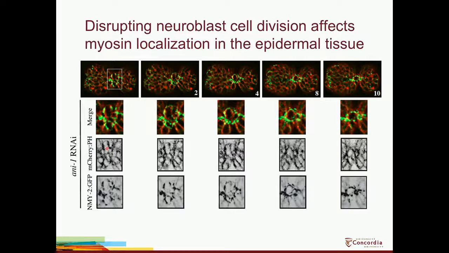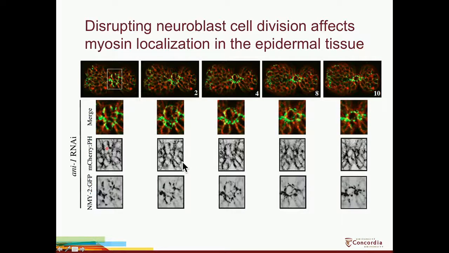Something else that was really interesting for us, and this is a bit of a side segue, is that we also wanted to know how perturbing the neuroblast could affect the overlying epidermal cells. Initially, we were just interested in the impact on myosin. So if you perturb neuroblast cell division using RNAi to NE1, we see that obviously the tissue is disorganized.